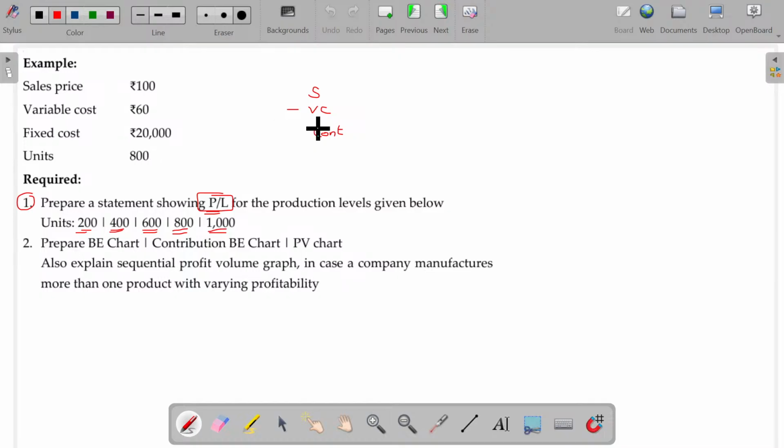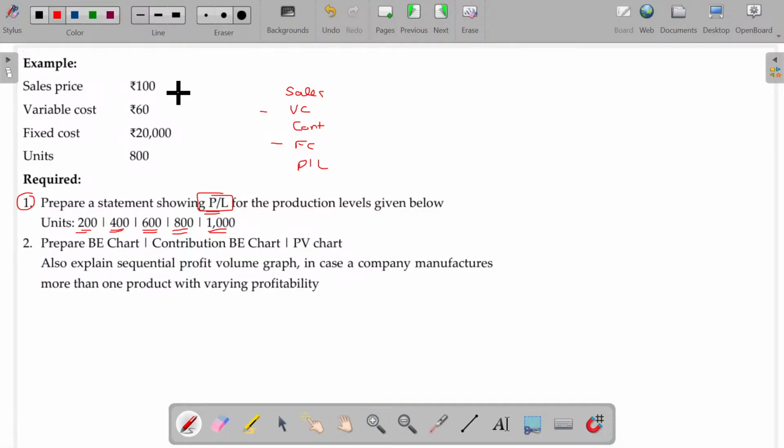Sales minus variable cost is the contribution. This variable cost is otherwise named as marginal cost. And from the contribution, if I subtract the fixed cost, I'll get the profit or loss.